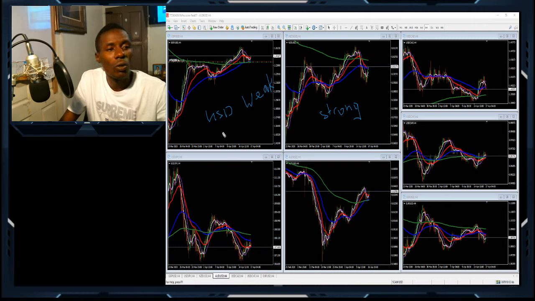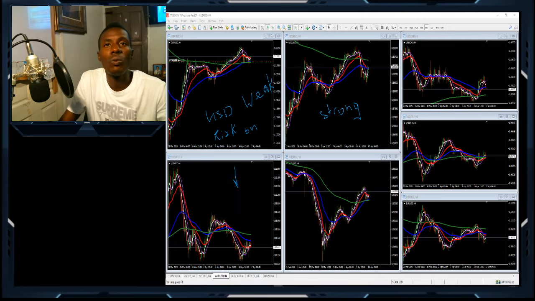In this case, we are looking for a weak dollar, so we would say this is risk on. The dollar is on the right hand side, so that means when the dollar is strong, it is going down.